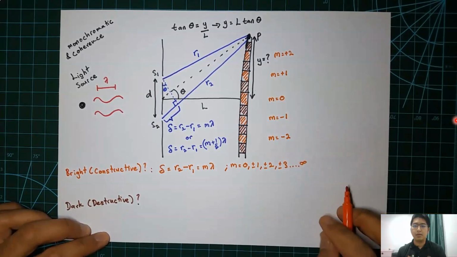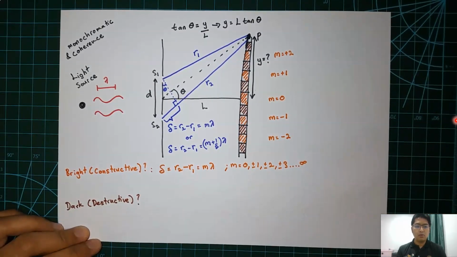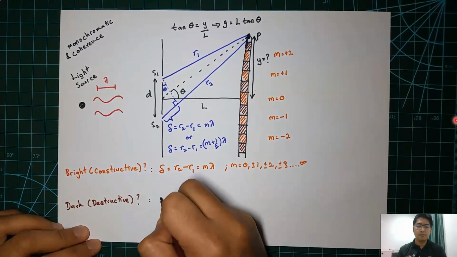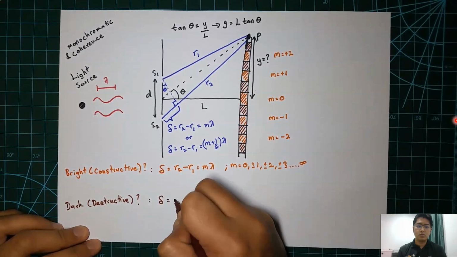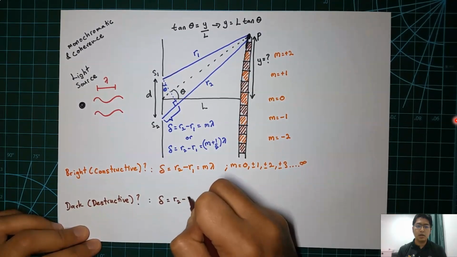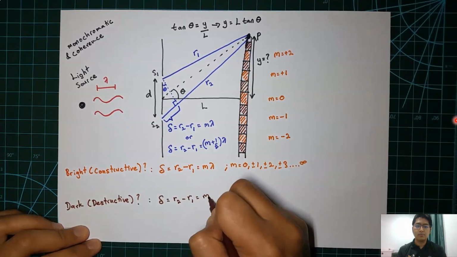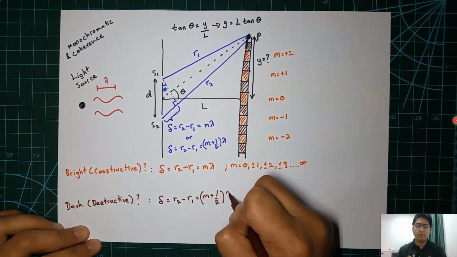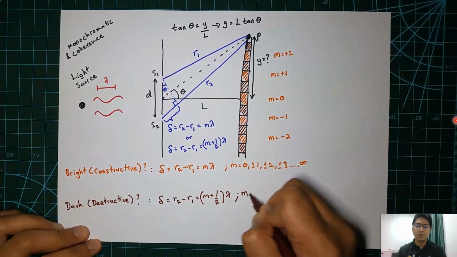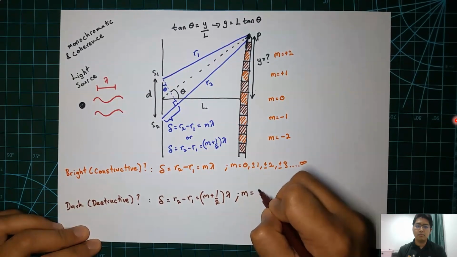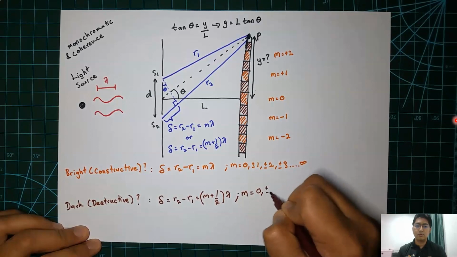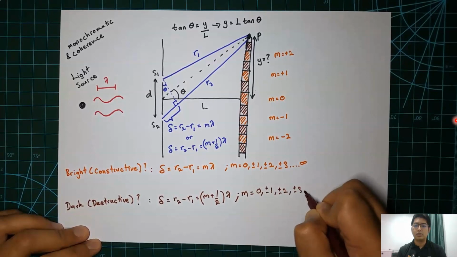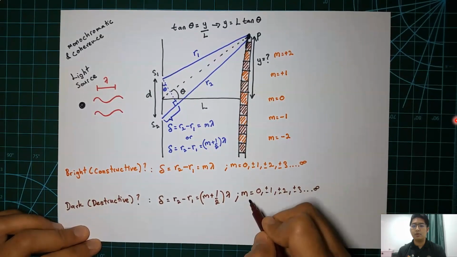For destructive interference, the path difference R2 minus R1 equals m plus half times lambda, with a condition similar to the bright fringe, which is 0, plus or minus 1, plus or minus 2, plus or minus 3, until infinity.